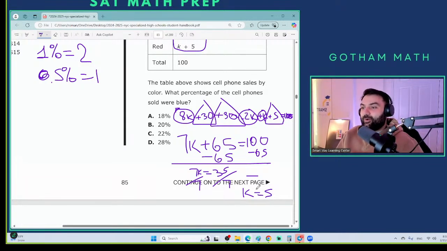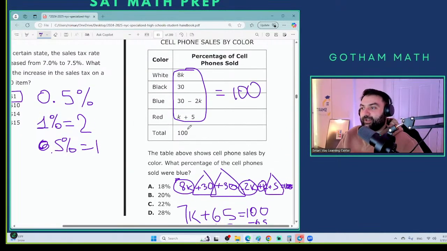Now that I know what K is, I can go plug it in for blue, right? Because they want blue. And we get 30 minus 2 times 5, which is 30 minus 10, which is 20.